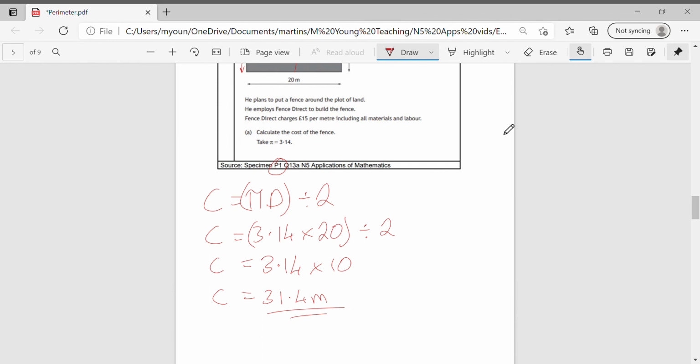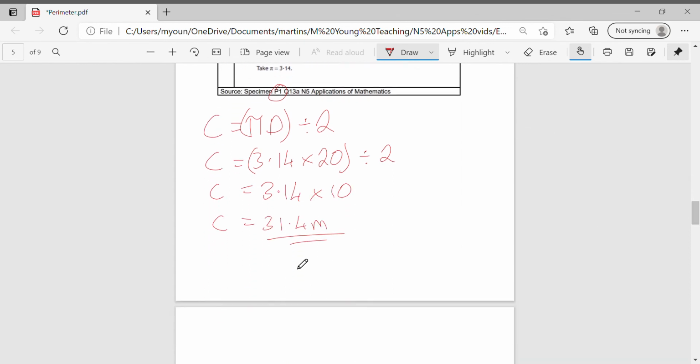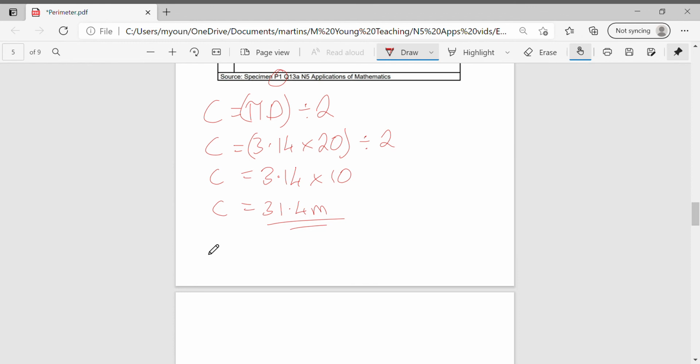And now all I need to do is add that onto the lengths that I've already got for the rectangle. So the total is going to be the 31.4 plus the 20 plus 8 plus 8.